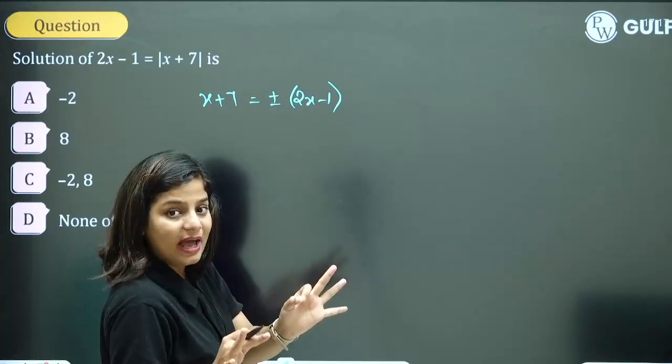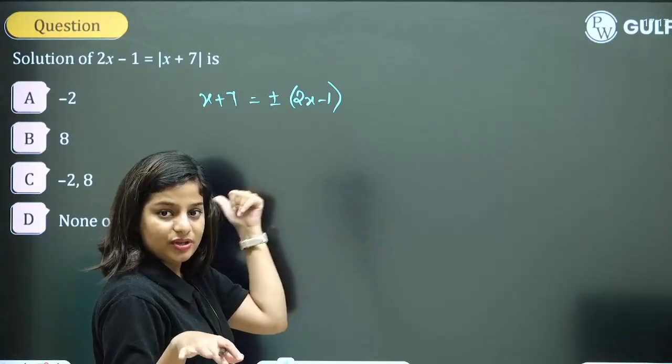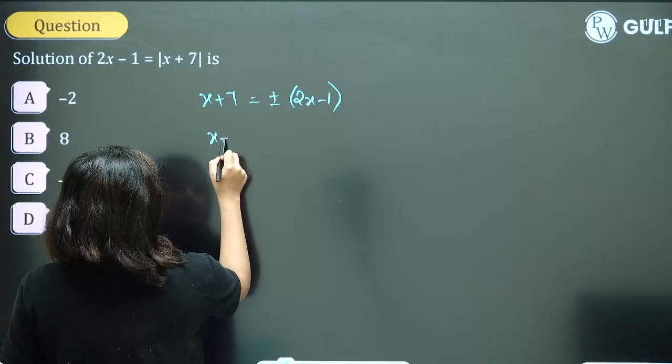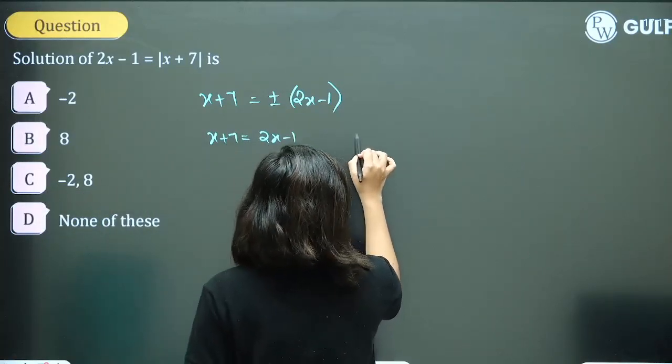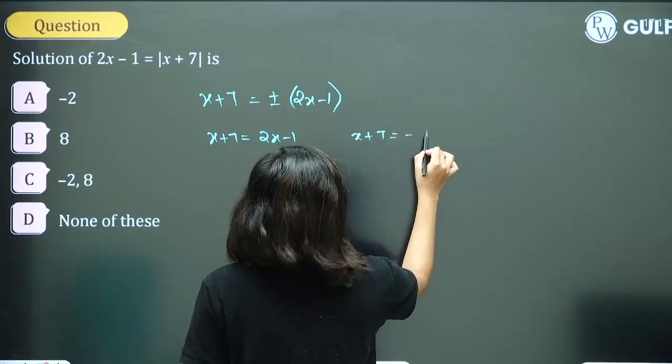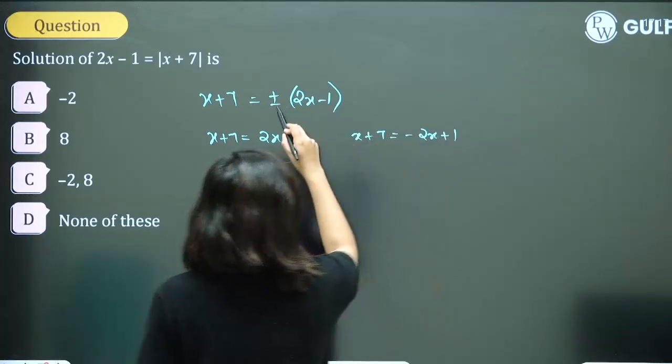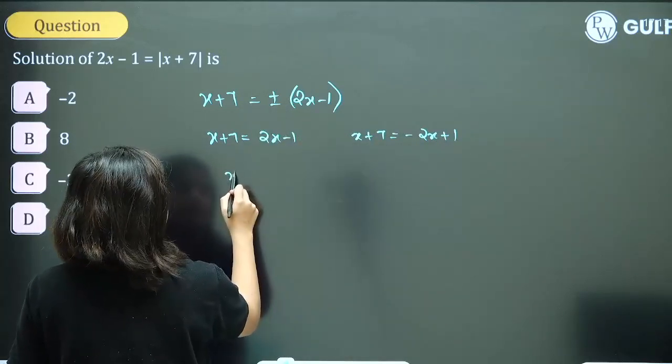In inequality, we use the concept we just studied. So x plus 7 is equal to, once we take positive and once we take negative.